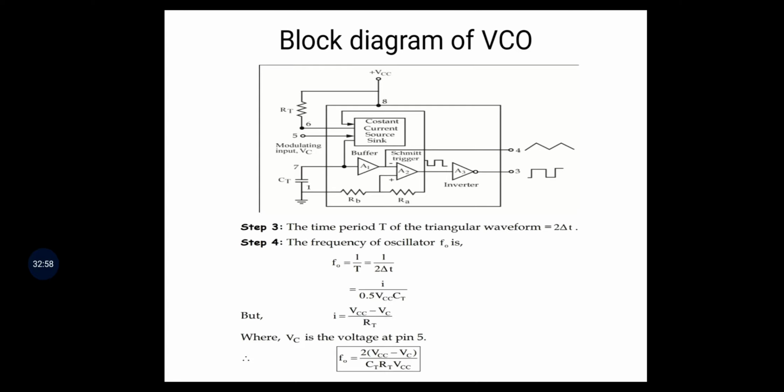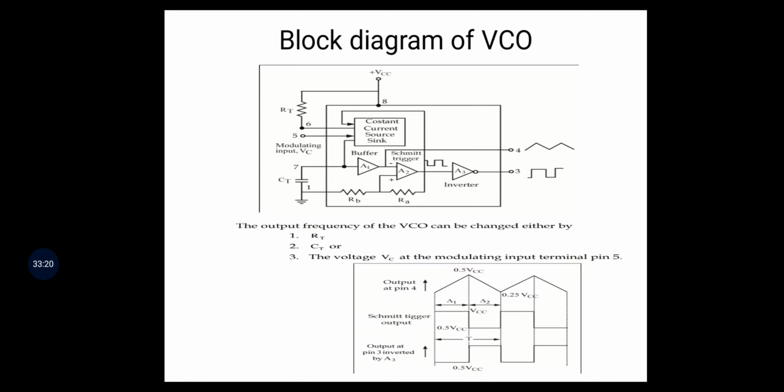Then F0 equals 2 times VCC minus VC divided by CT RT times VCC.